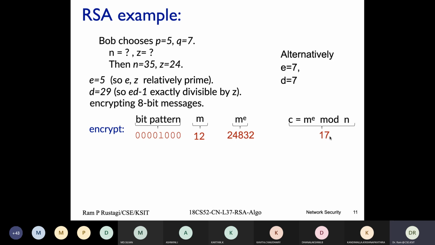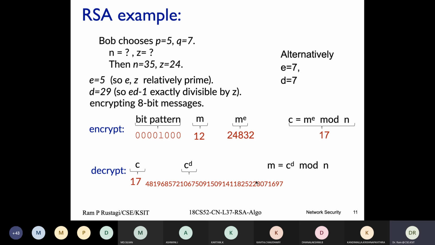To decrypt, I need to do C power D. Now D is 29, or I could do D power 5 as well. So 17 power 29, you can also do 5, that also would work. You get a large number, and when you do modulo n, you'll get back the value 12 again.